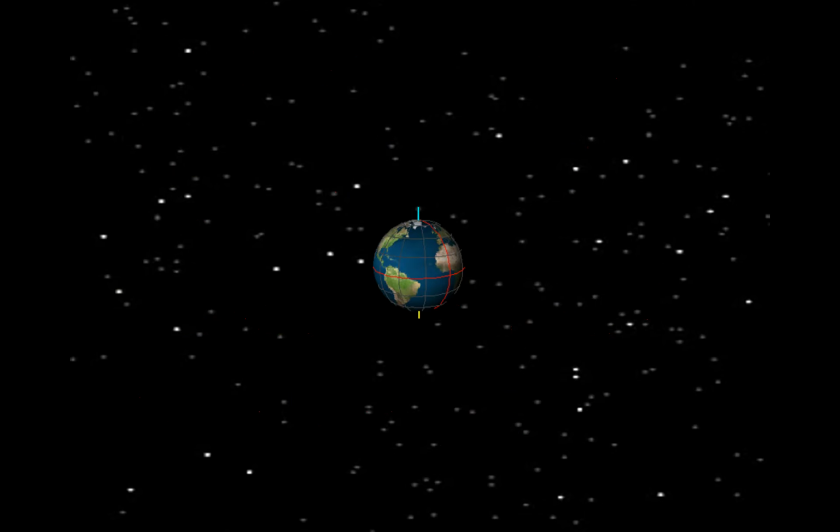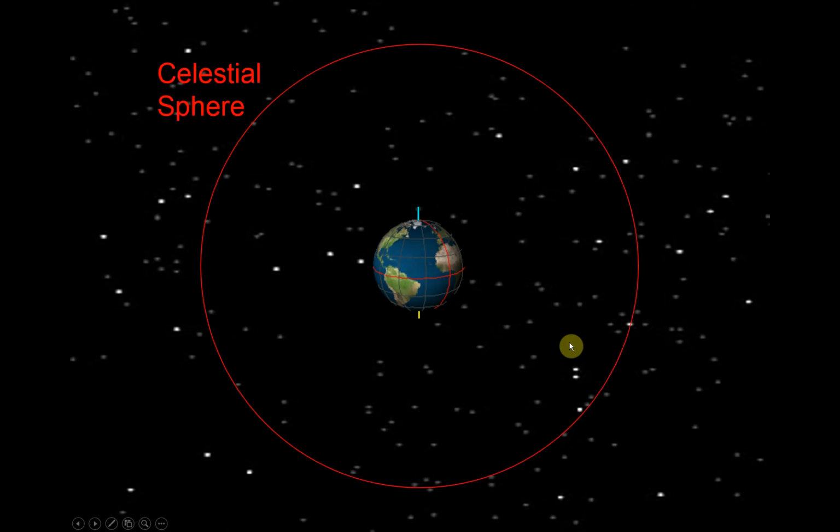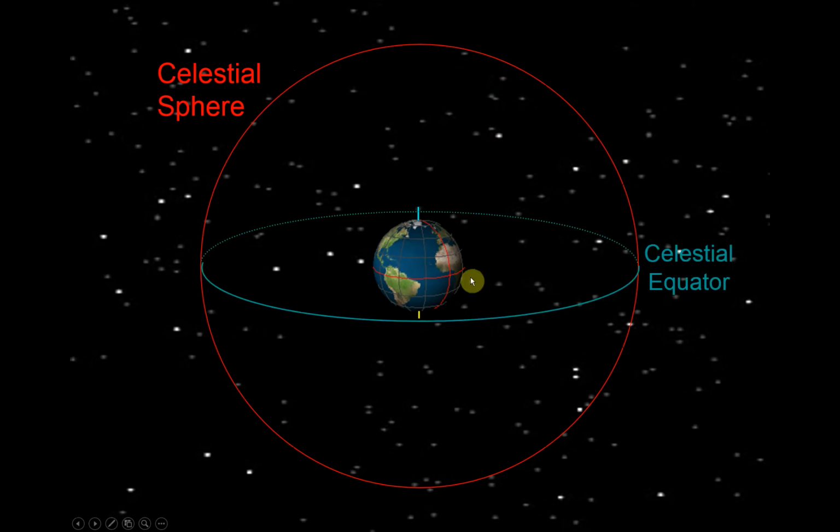So, essentially, here's the Earth with its coordinate system mapped onto it in latitude and longitude. If we extend this all the way out into space, we create our celestial sphere. This will have these same coordinates on the sky. That means we can define a celestial equator.